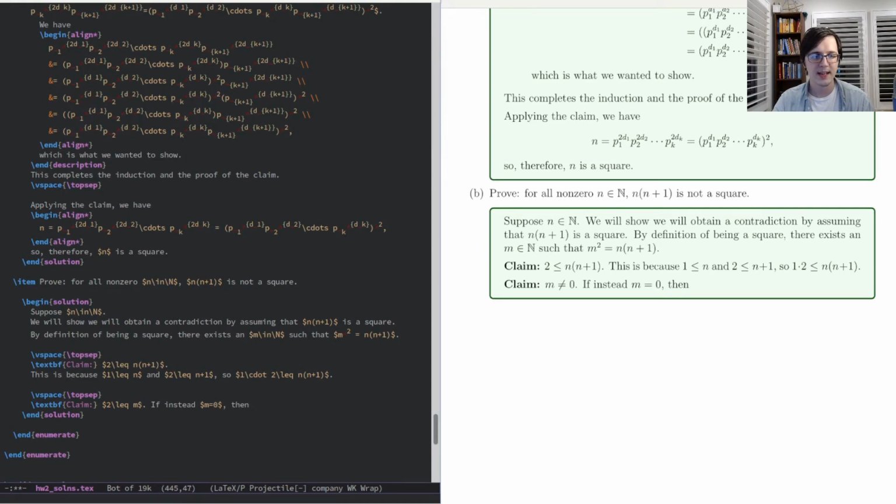So if instead m were less than 2, then because it's an integer, it would be less than or equal to 1, and it's a natural number in particular, and then m squared would be less than or equal to 1.